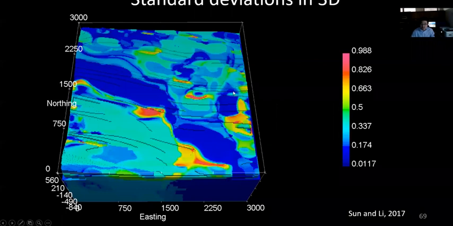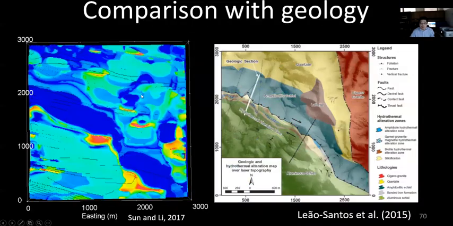This is the standard deviation of the recovered magnetizing directions in the 3D volume. The deep blue corresponds to low standard deviation values. In other words, the recovered direction in this area is much less affected by the number of clusters. If we compare this low standard deviation zone with the geological map, a major feature in this map is this thrust fault that stretches northwest and southeast.